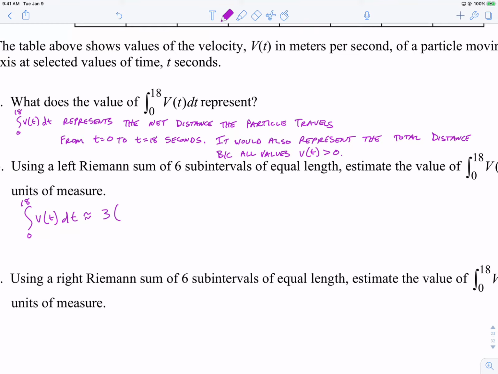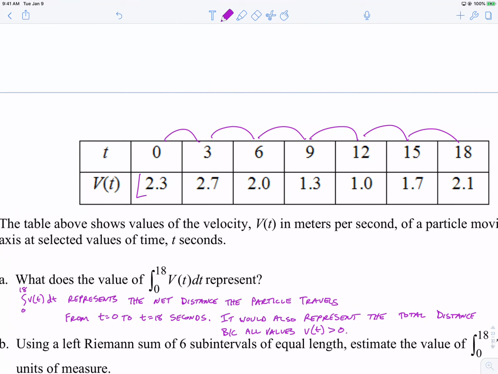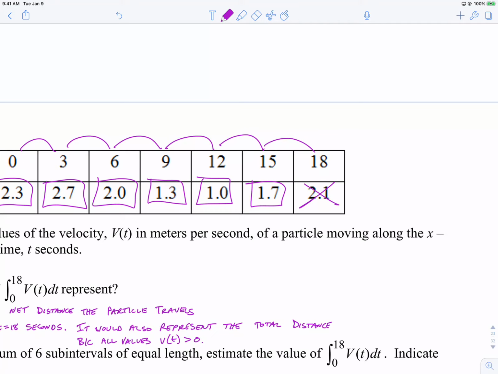So we're doing left-hand Riemann sums. So that means we're going to use all of these left values. That's the left of each interval. And we don't use the rightmost one, right?